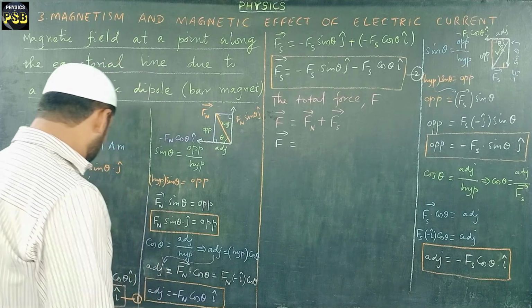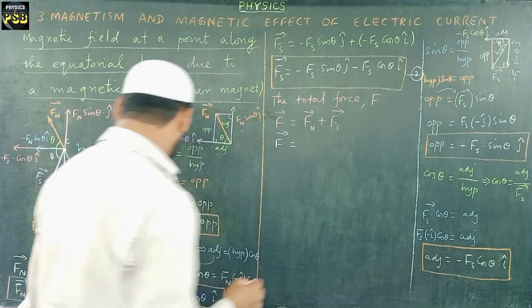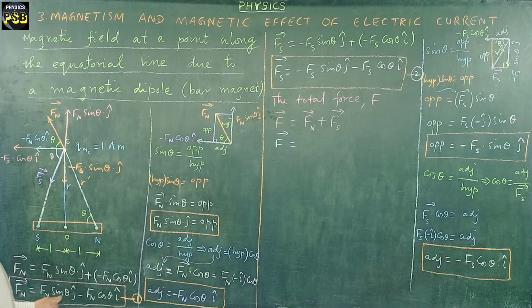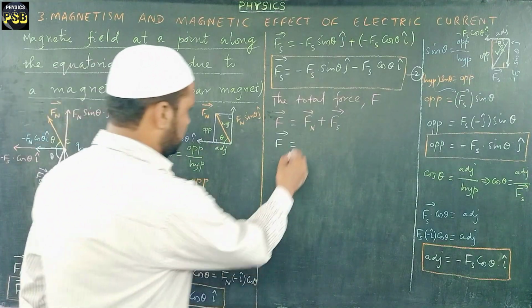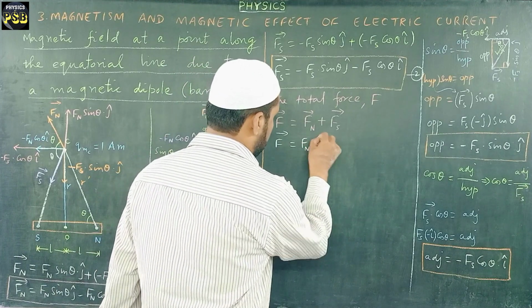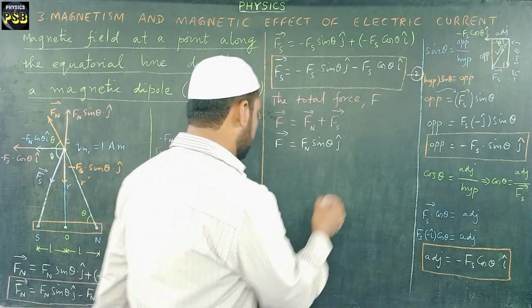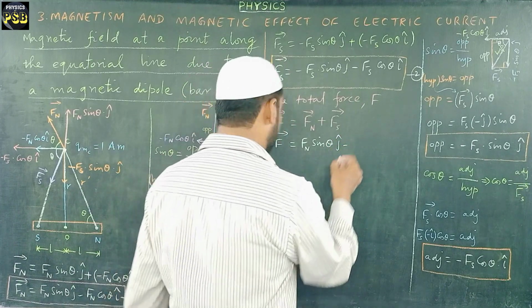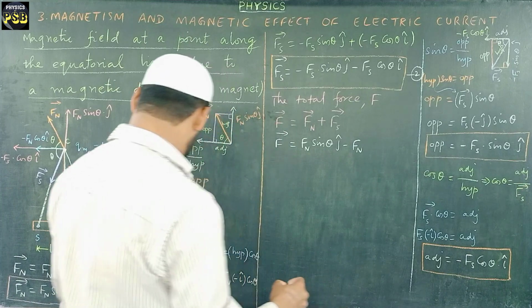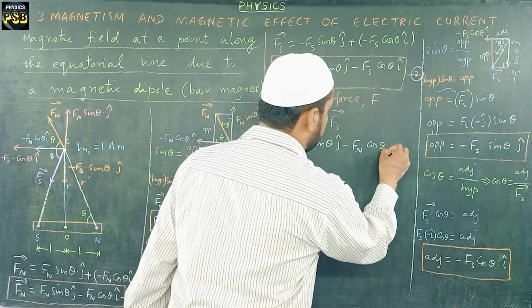First I will substitute the value of Fn vector from equation number 1: Fn sin theta multiplied with j cap minus Fn cos theta multiplied with the i cap.